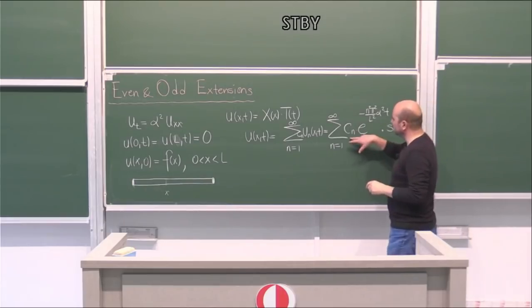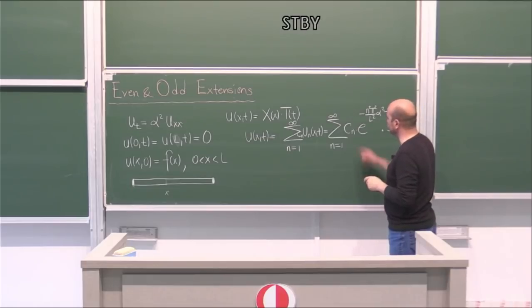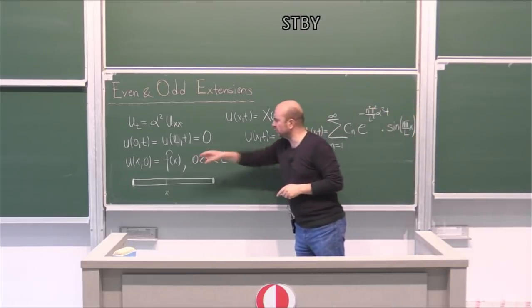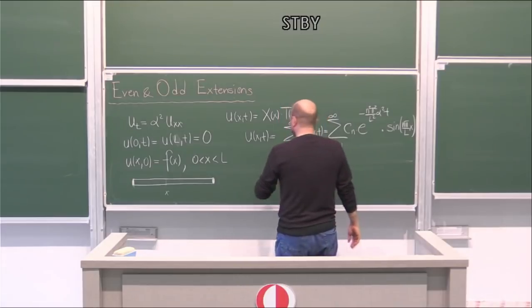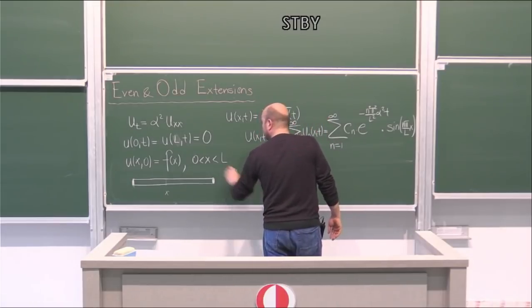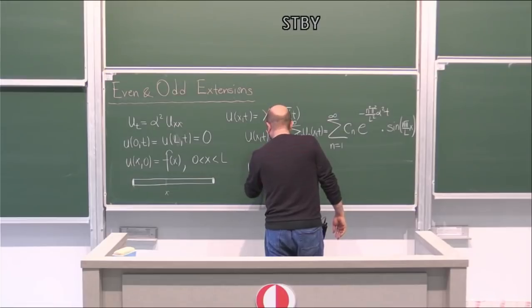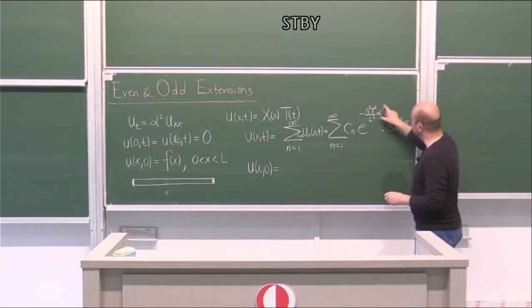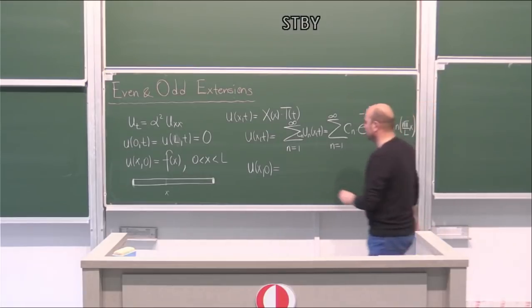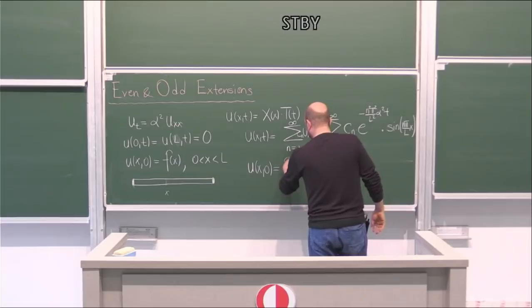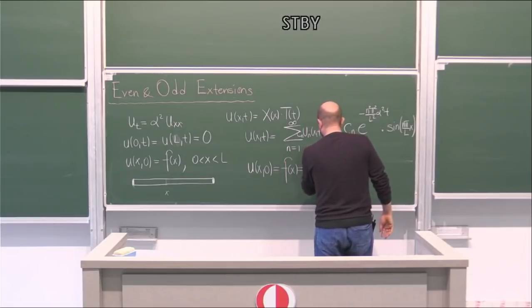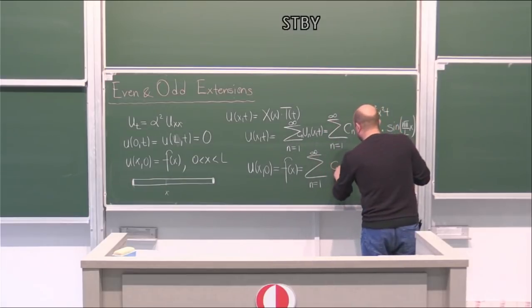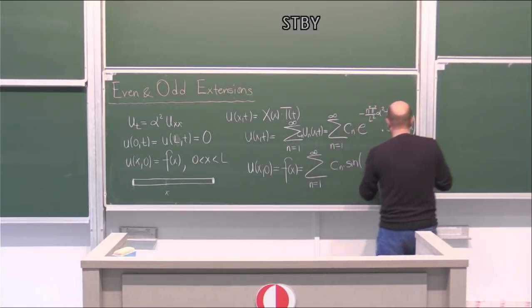The only thing was we weren't able to compute the coefficients, and for this we were going to use the initial condition, and so we got the following. When you plug in 0 for time, this becomes e to the 0, which is 1, and automatically you get the following: from n equals 1 to infinity, we have c_n sine(n pi x over L).